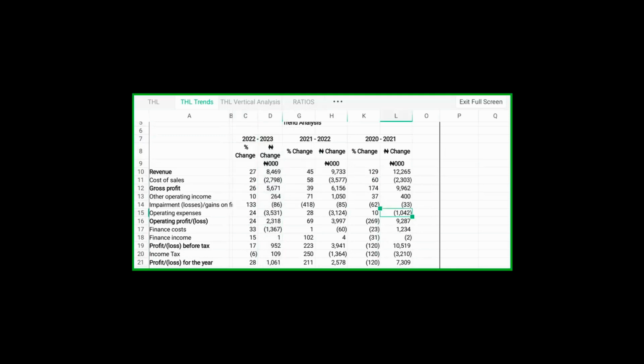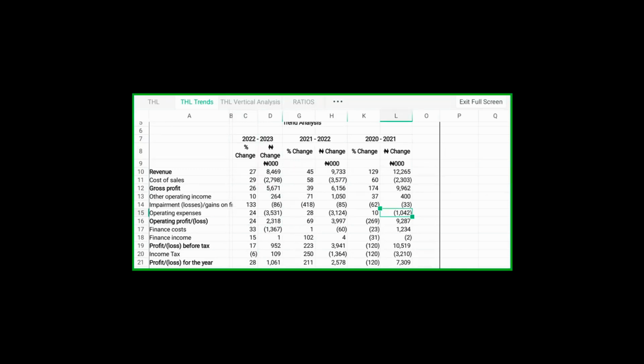Okay. And for the cost of sales, you can see that the cost of sales too grew by 60% between 2020 and 2021, and by 58% between 2021 and 2022. So we can also judge very well with the 2022 to 2023 one, unfortunately, it's there already. All right. We can see the gross profit too.